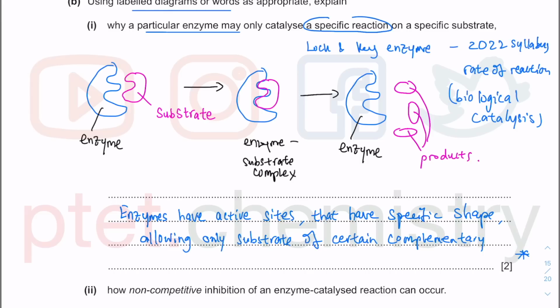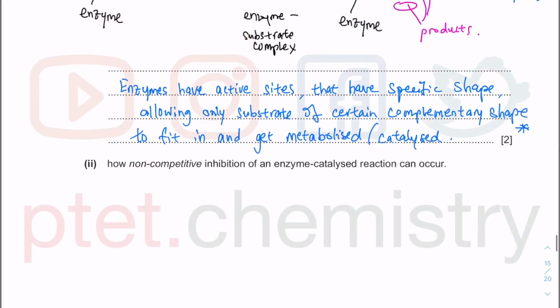Complementary means it must match the shape. That's why it's called the lock and key mechanism. A complementary shape is needed to fit in and get metabolized, or undergo a catalysis reaction, or get catalyzed. So therefore, it's a very, very specific lock and key mechanism.